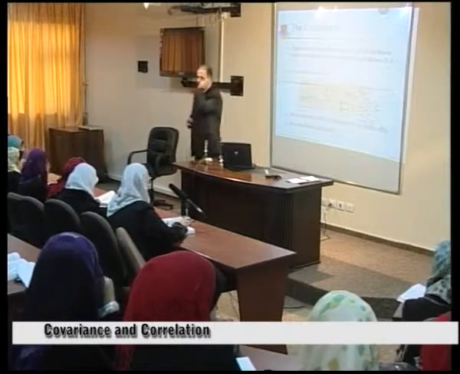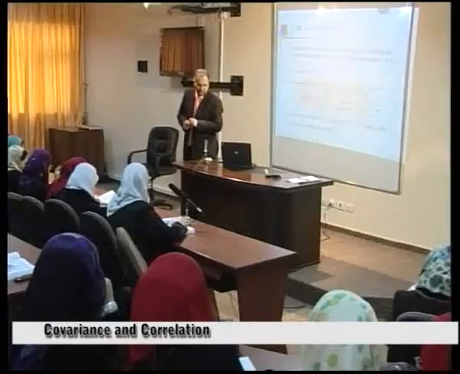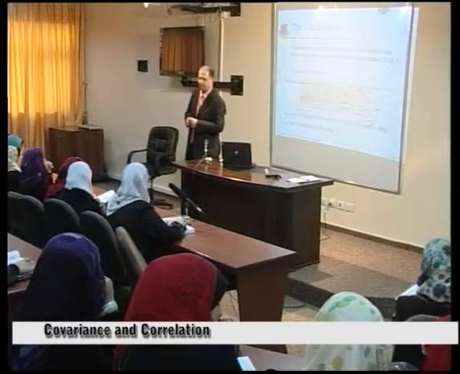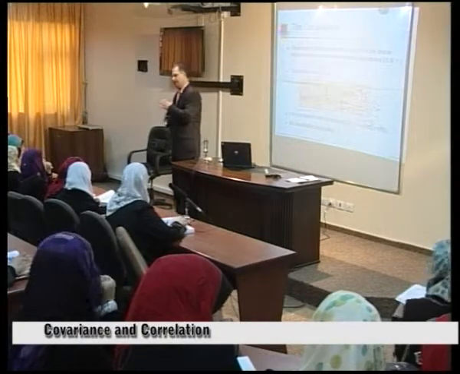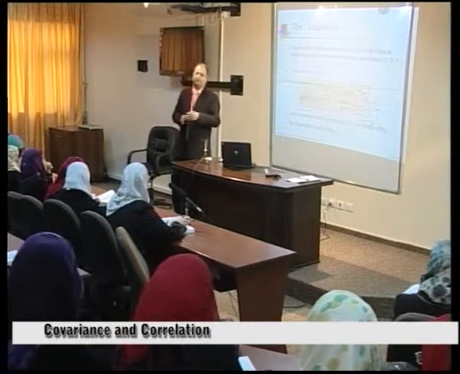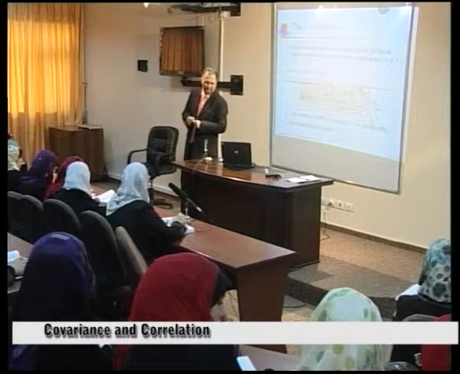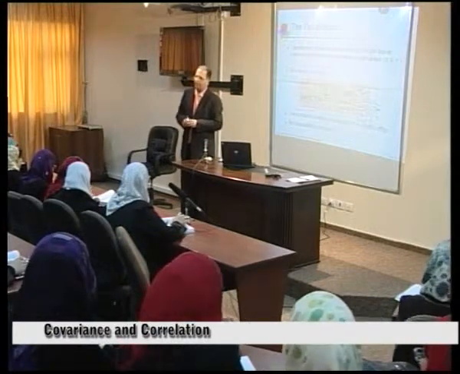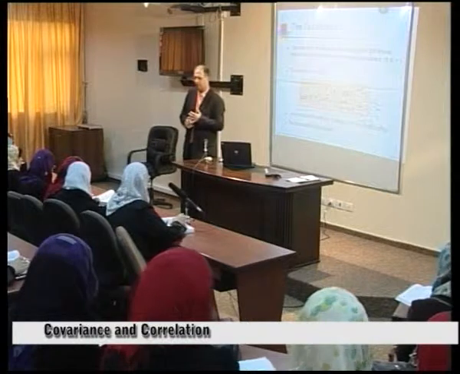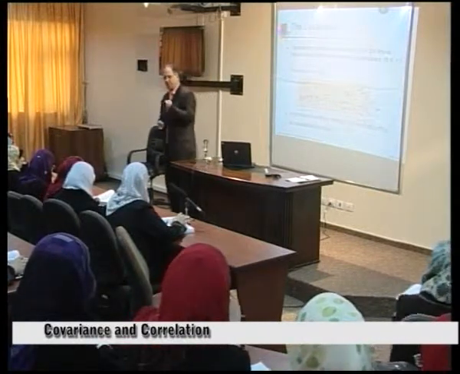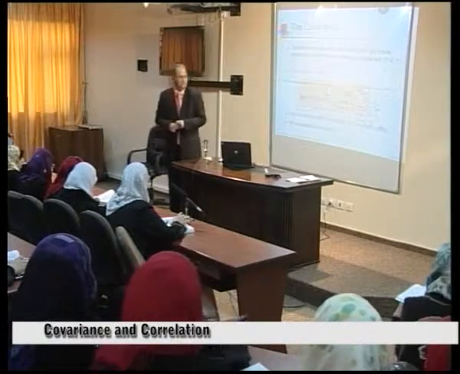Let's move to the next topic, which talks about covariance and correlation. Later, we'll talk in more detail about correlation and regression, maybe in chapter 11 or 12. But here we just show how we can compute the covariance or the correlation coefficient and what the meaning of that value is.